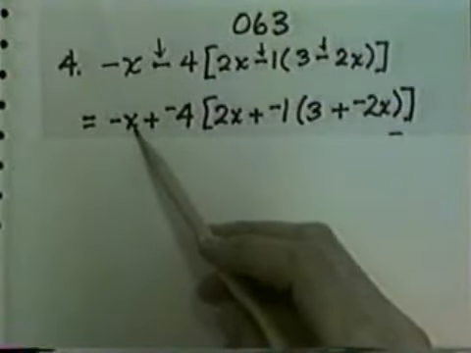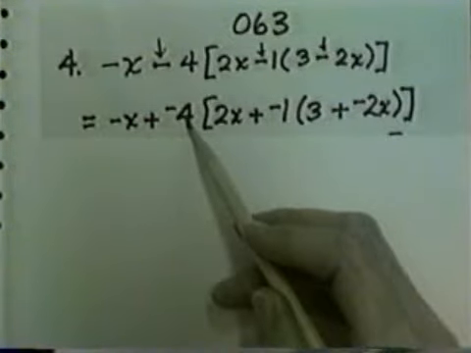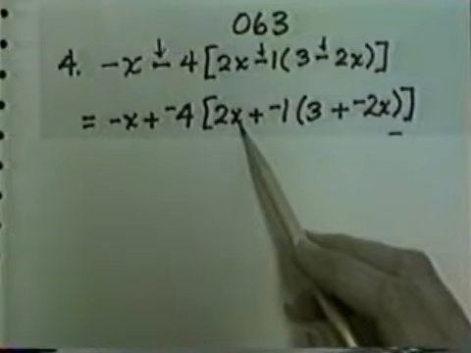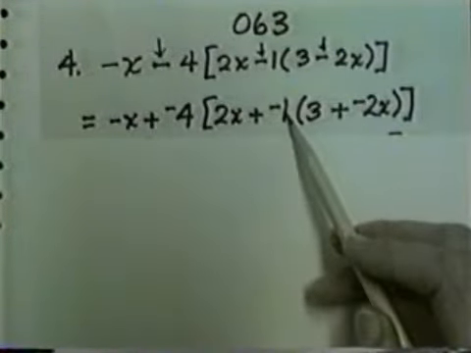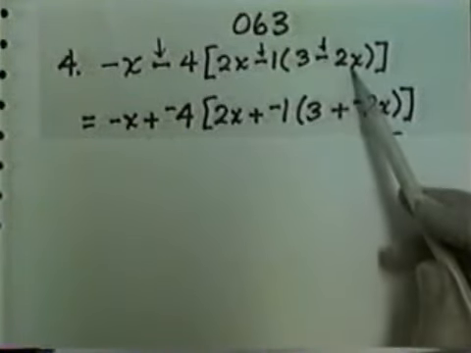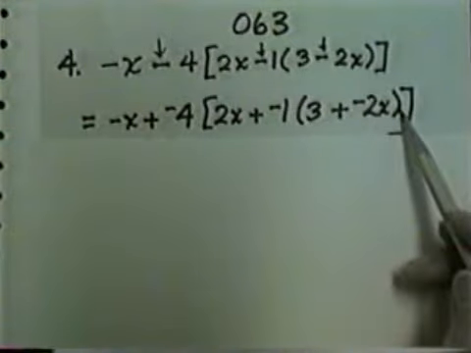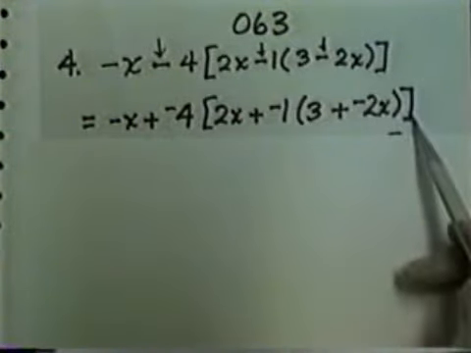The minus x is left. Subtract 4 is changed to add -4. We copy the bracket, the 2x. Subtract 1 is changed to add -1. We copy the parenthesis, we copy the 3. Subtract 2x is changed to add -2x. We copy the closing parenthesis, we copy the closing bracket.